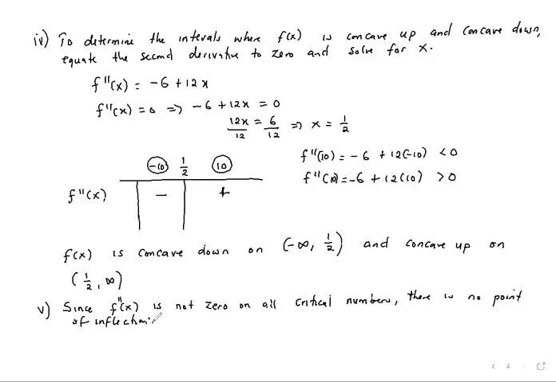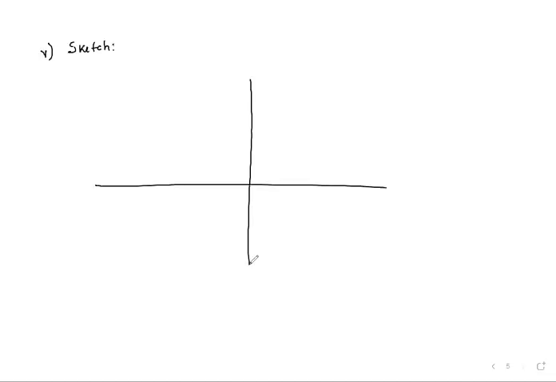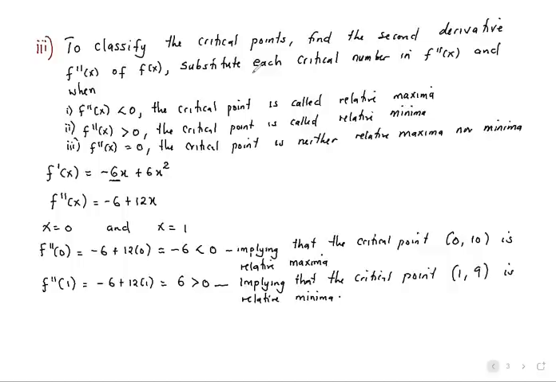The last one is we sketch. Part 5, we sketch. The critical points are called turning points. So just pick them as they are.